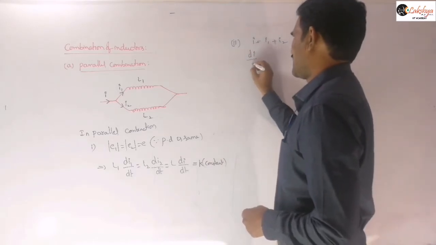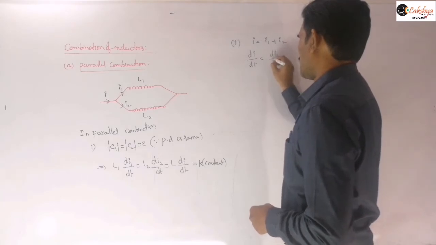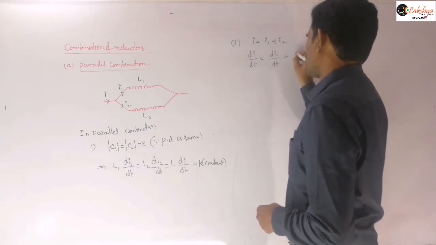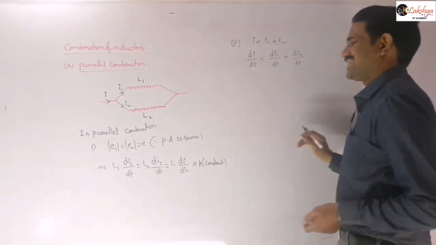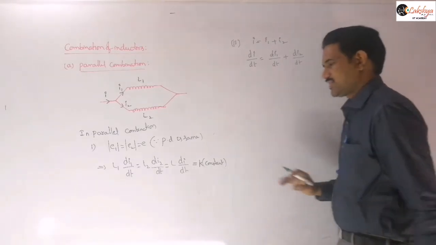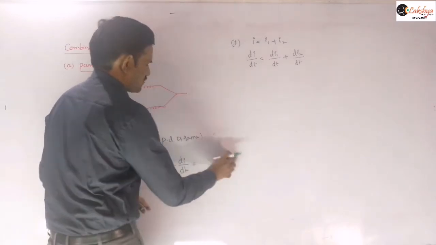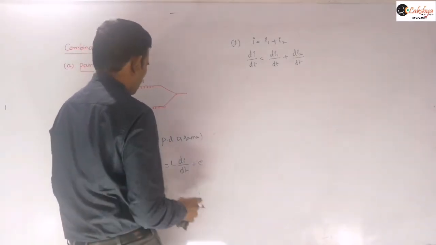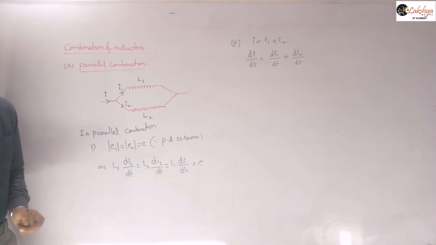And so now I am differentiating this equation here: di by dt is equal to di1 by dt plus di2 by dt. Now this di values you can substitute by using this equation, or let it be E itself instead of this k, because that E value you can take as constant there.